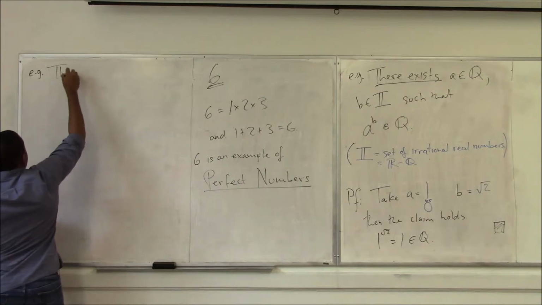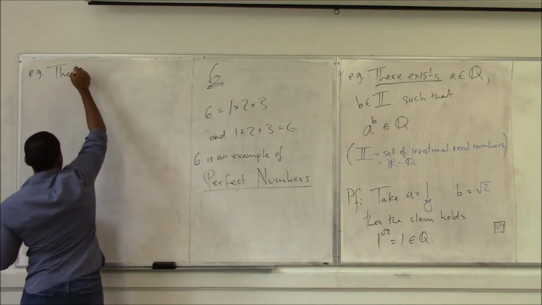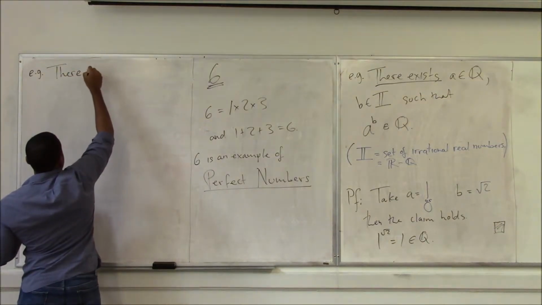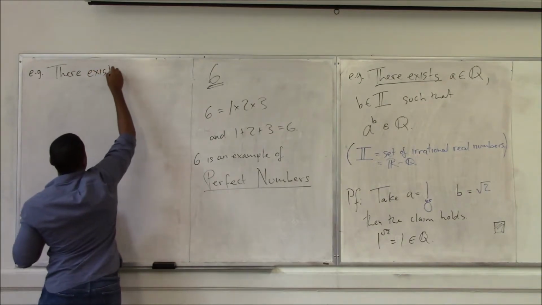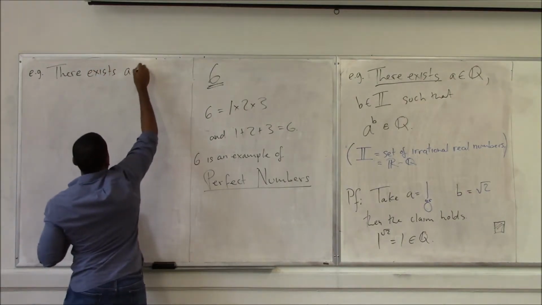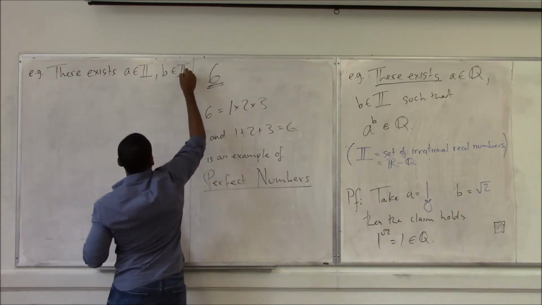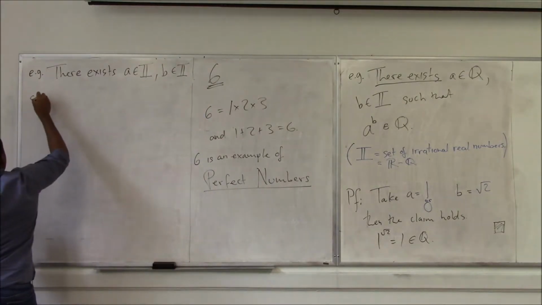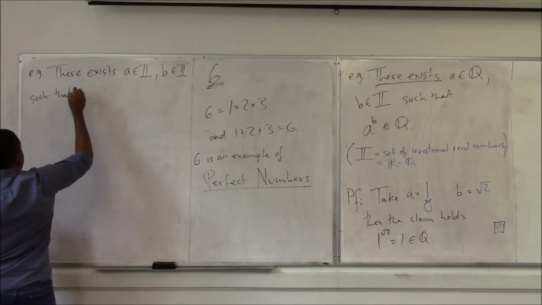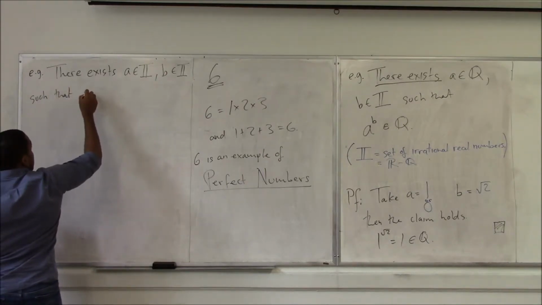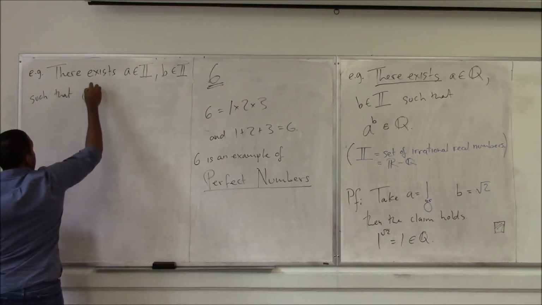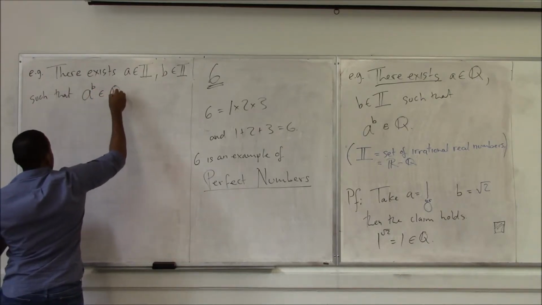It's another existence claim, like that one, but it takes things to a dark place. There exist two irrational numbers, a in I and b in I, such that a raised to the b is in Q.